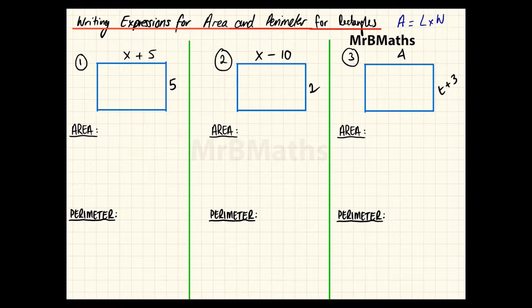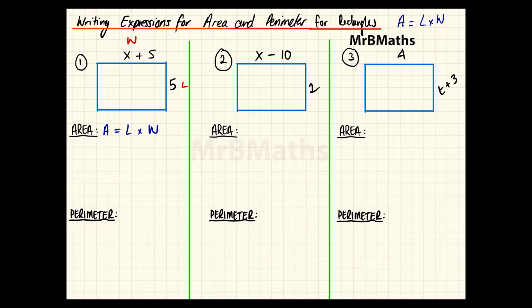So what I'm going to do is I'm going to call the top here width and this one L. I'm then going to write the formula for area of a rectangle, which is A equals length times width. I'm then going to do something called substitution.